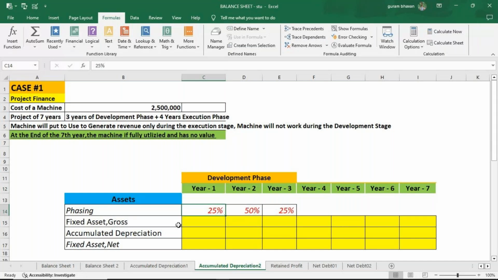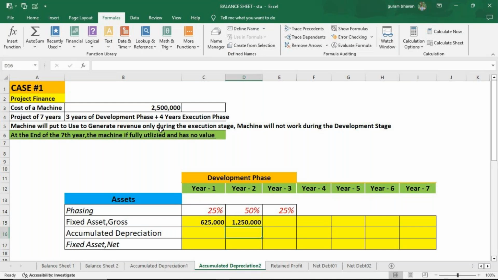So first year, equals 25 lakh, the cost of the machinery, into 25%. So the initial investment I have done is 6 lakh 25,000. Next year, equals the cost of the machinery, 25 lakh, into 50%. So in the installation process, 12 lakh 50,000 rupees is done.